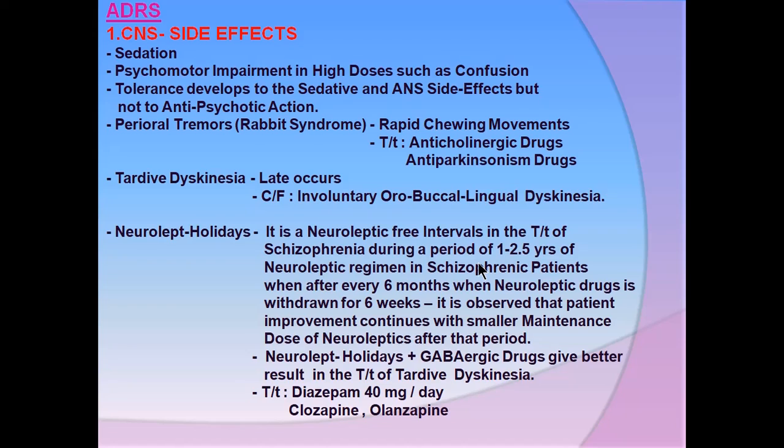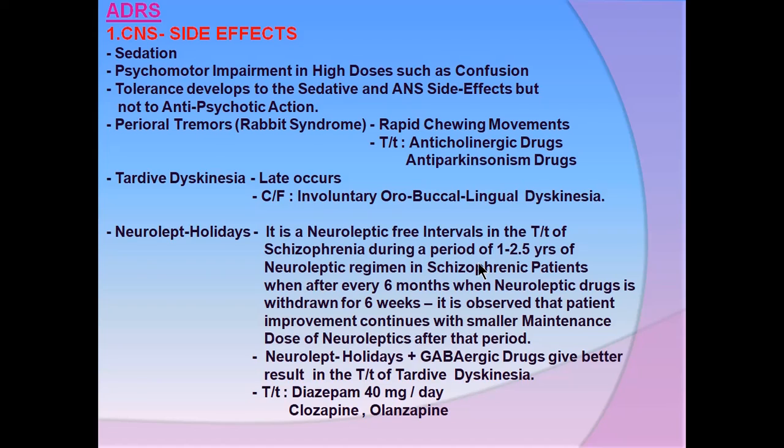When after every 6 months, when neuroleptic drug is withdrawn for 6 weeks, it is observed that patient improvement continues with a smaller maintenance dose of neuroleptics after that period.